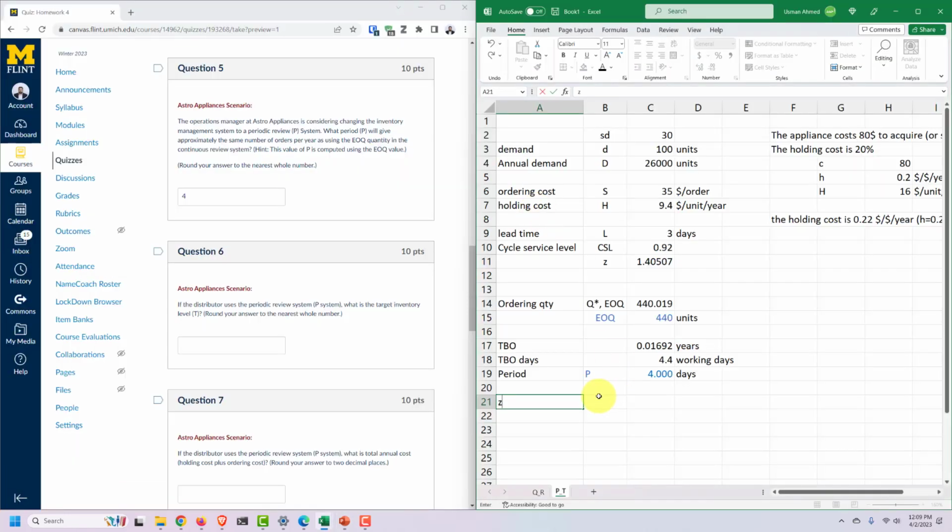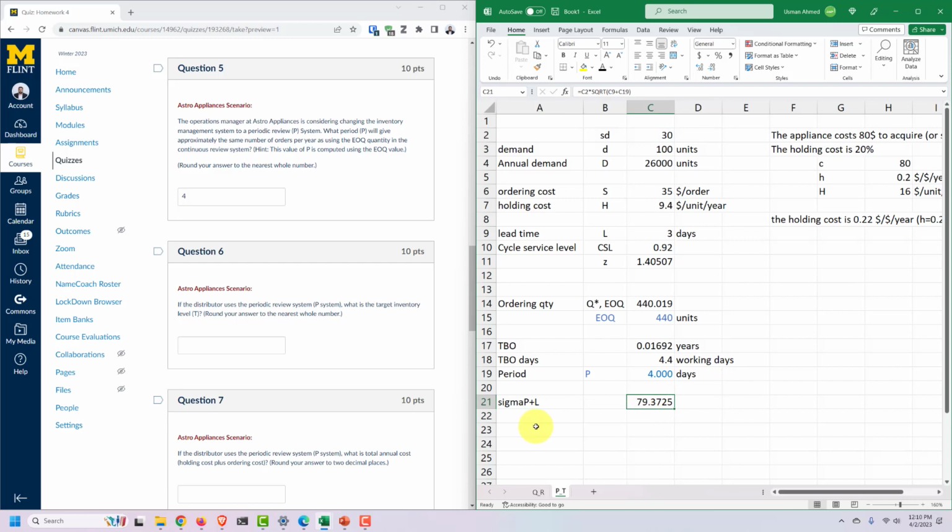So let's do that. First sigma P plus L. That is going to be standard deviation of demand times square root of L, 3 days, plus P, or P plus L, doesn't matter. 3 plus 4 or 4 plus 3, you get the same answer. So 30 times square root of 4 plus 3.